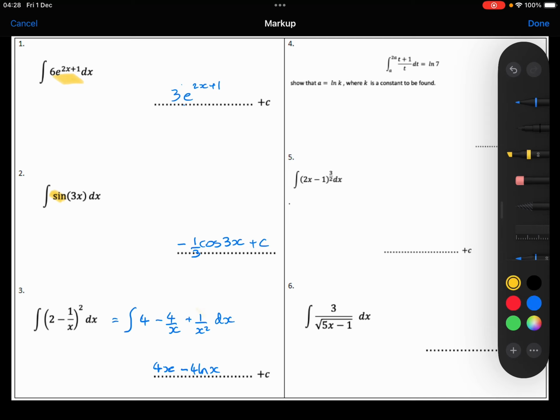And in order to integrate the 1 over x squared, let's rewrite that with a negative power. So that's the same thing as x to the power minus 2. So add 1 to the power, divide by the new power, and we'll get minus x to the power minus 1, or minus 1 over x if you prefer.